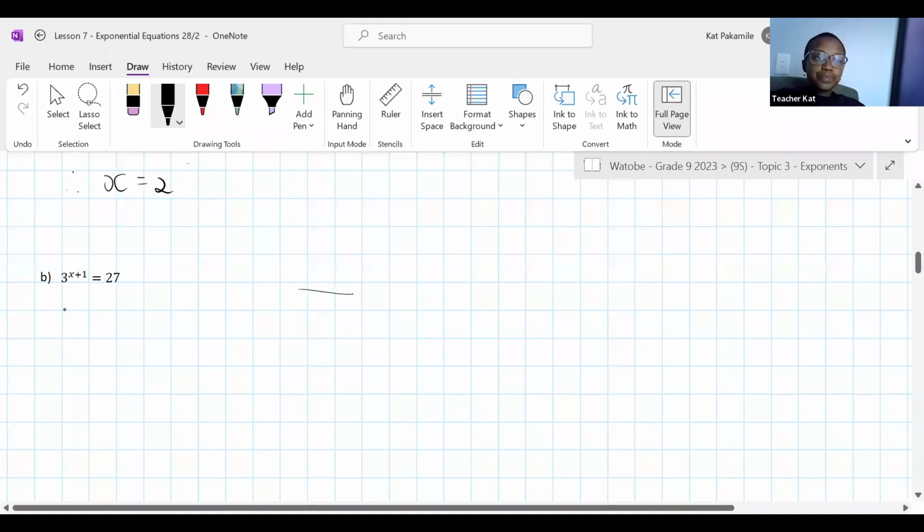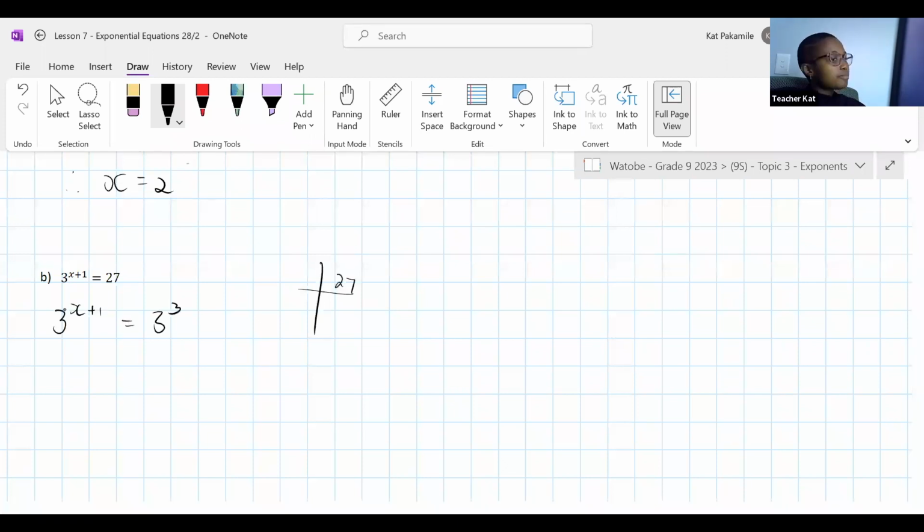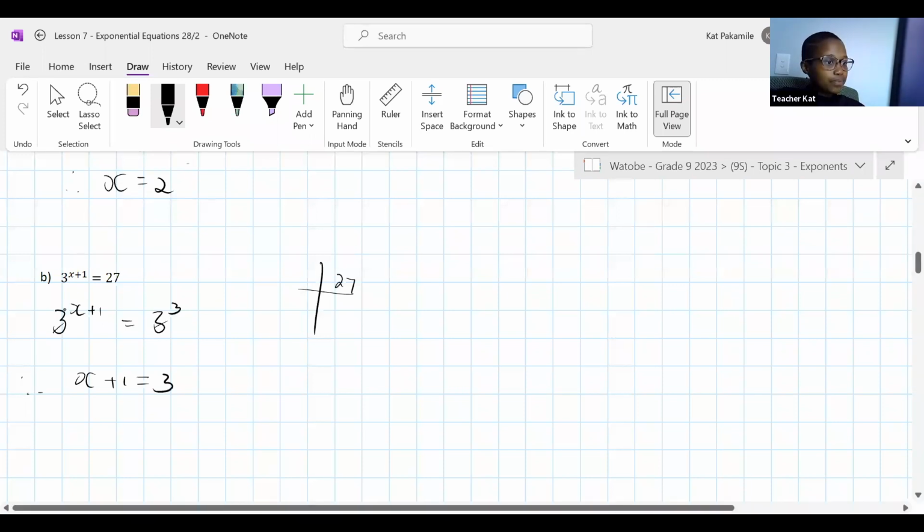Wonderful. Now what? Then, ma'am, you can cancel out the bases, the 3 and the 3, and you are left with x plus 1 equals 3. Then solve for x for me. Then x equals 3 minus 1, which gives you 2.